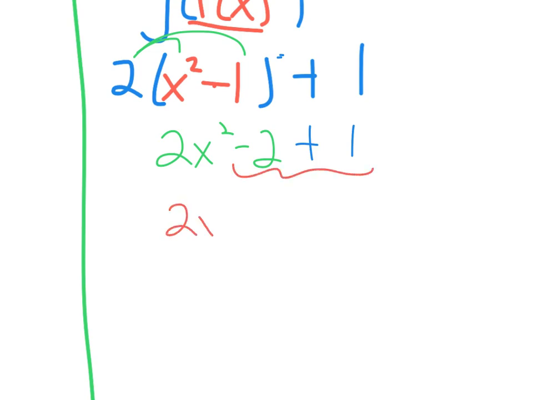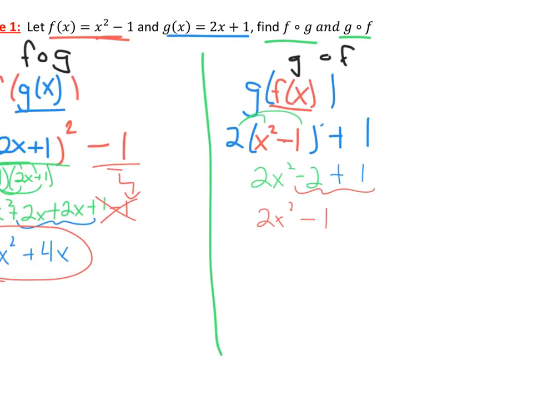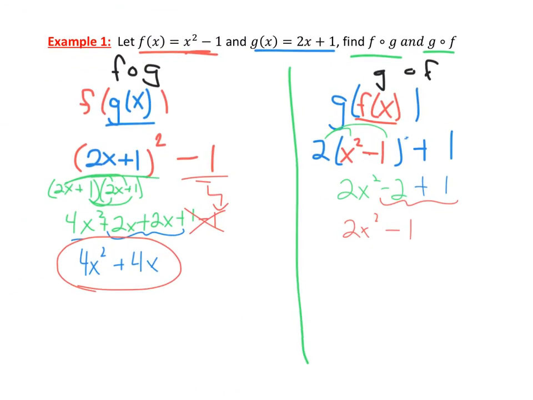So 2x squared will stay the same. Negative 2 plus 1 is negative 1. So overall, g of f is 2x squared minus 1. So notice, even though these two compositions are using the same two functions, depending on which one you plug into the other, can change the answer. They're not the same answer.